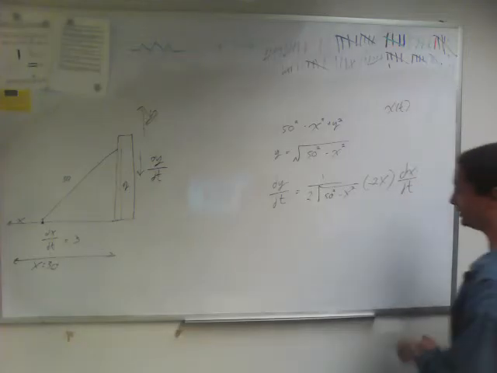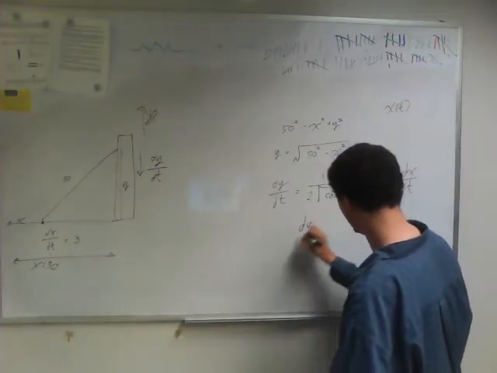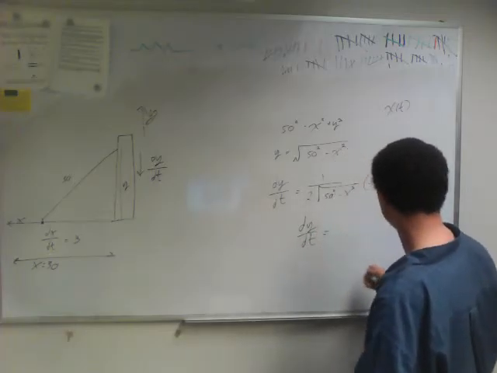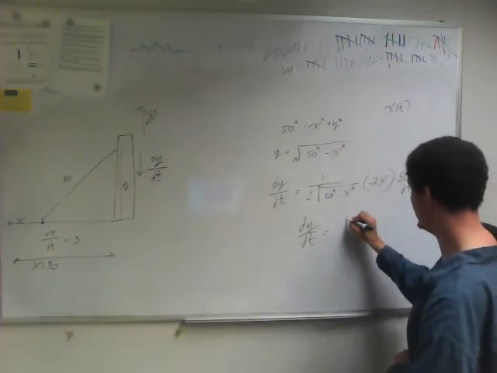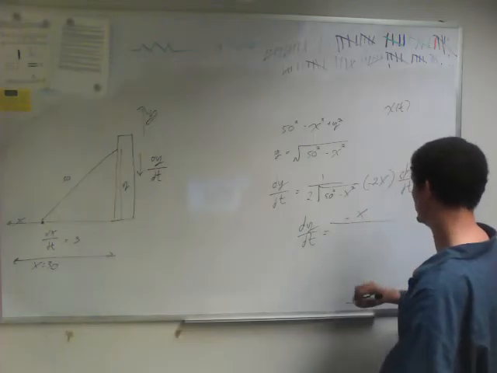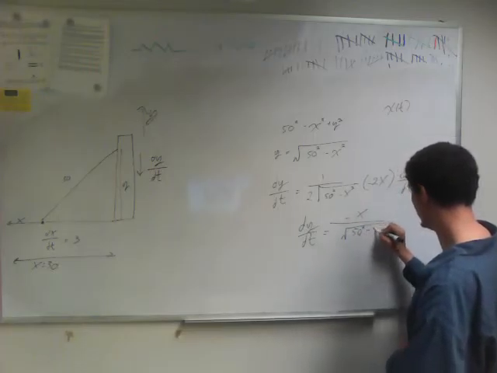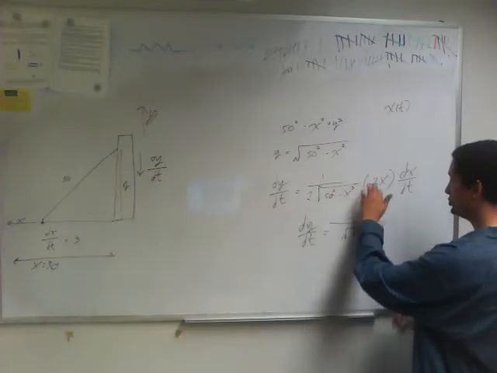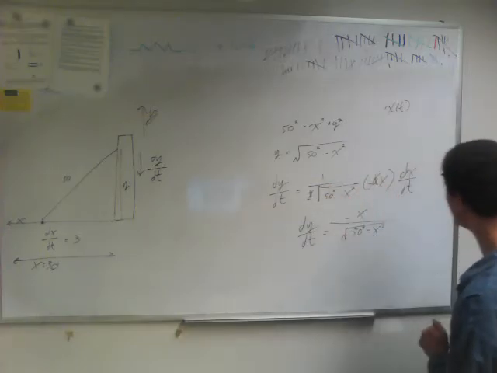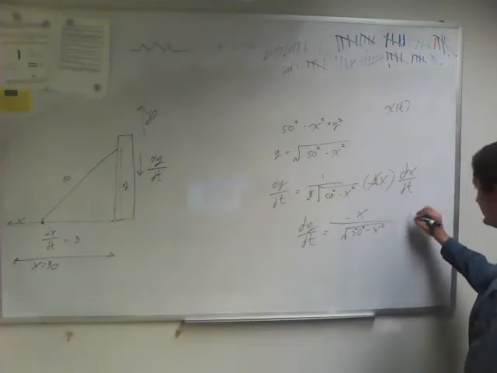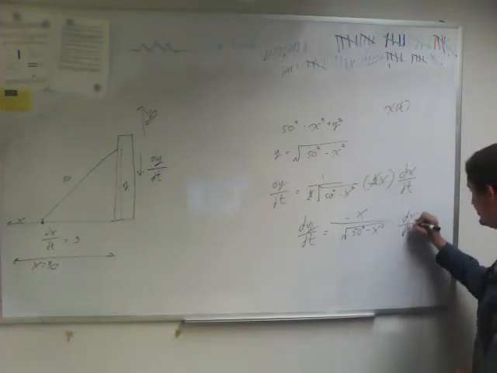And so we can clean this up a bit. So dy by dt is equal to negative x over the square root of 50 squared minus x squared. These 2's here cancel, right? And all of this times the derivative of x with respect to t.